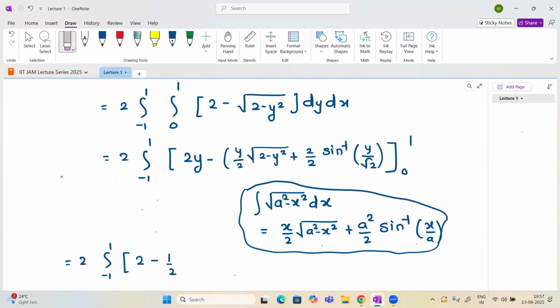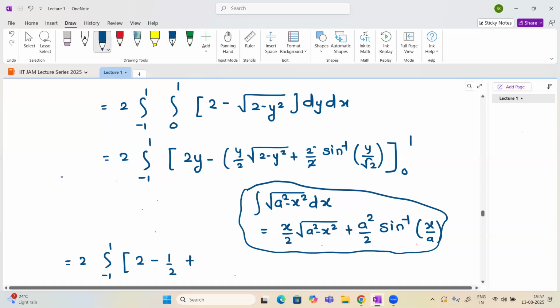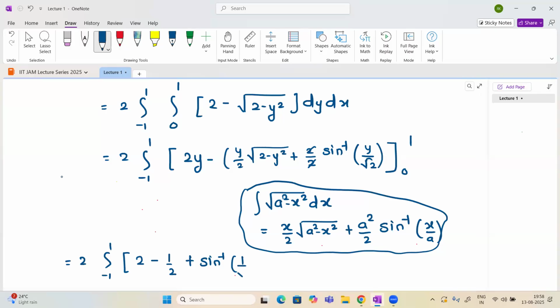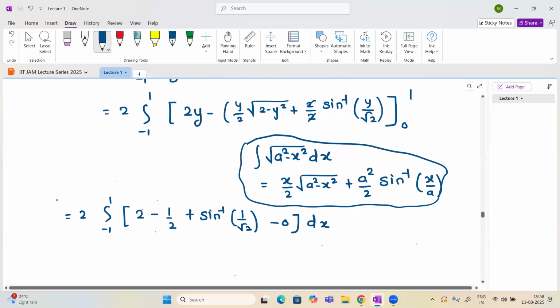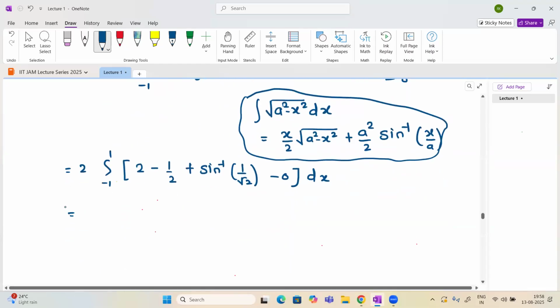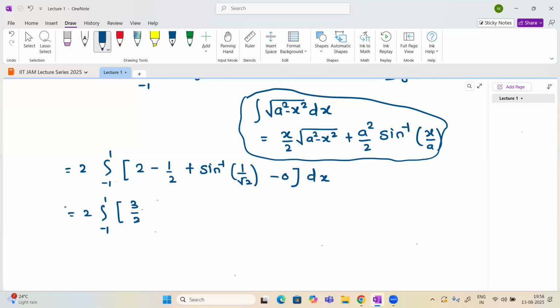I will write directly, 2 by 2, 2 will get cancelled here. If I put 1 here, sine inverse 1 by root 2. If I put 0, this one will be 0, this one will be 0, sine inverse 0 is 0. So if you put the lower limit, everything will be 0. 2 minus 1 by 2 is 3 by 2. Sine inverse 1 by root 2 is pi by 4. So 3 by 2 minus pi by 4.